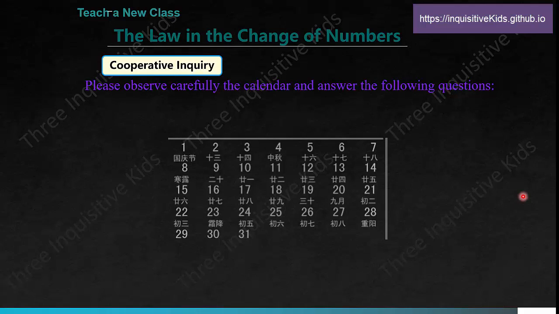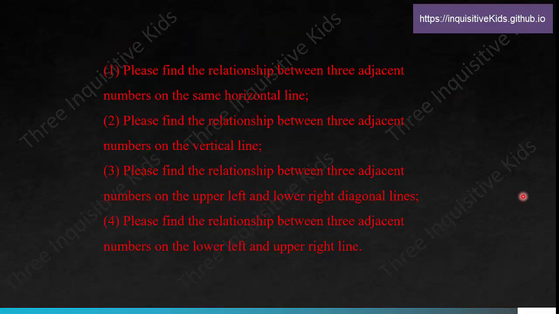So let's see the questions. 1. Please find the relationship between the three adjacent numbers on the same horizontal line. 2. Please find the relationship between three adjacent numbers on the vertical line. 3. Please find the relationship between three adjacent numbers on the upper left and lower right diagonal lines. And 4. Please find the relationship between three adjacent numbers on the lower left and upper right line.